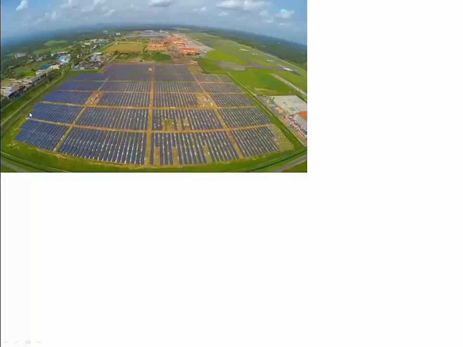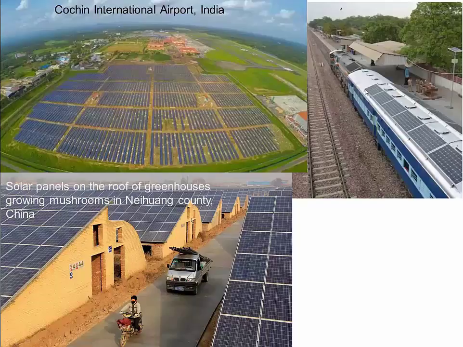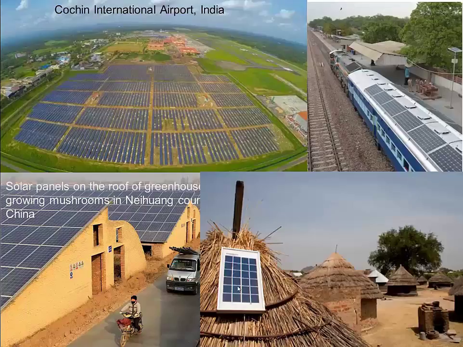So this is a massive solar power field in an airport in India, and it is supposed to generate enough and more power to run the entire airport. These are solar panels on the roof of greenhouses in China. So you can see how much electricity might be generated there. Solar panels on the roof of trains to generate electricity for running the trains.